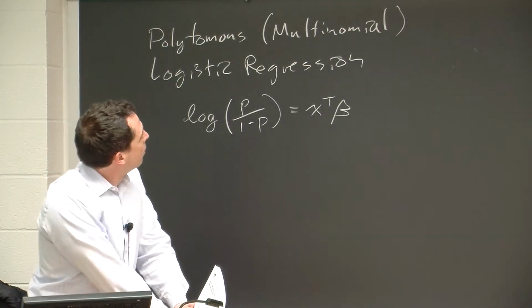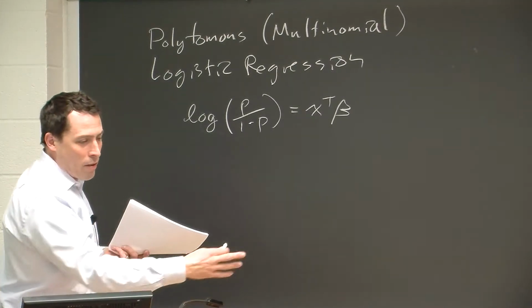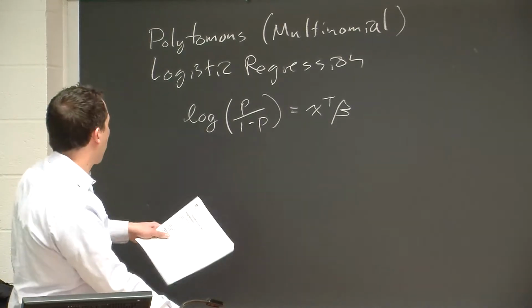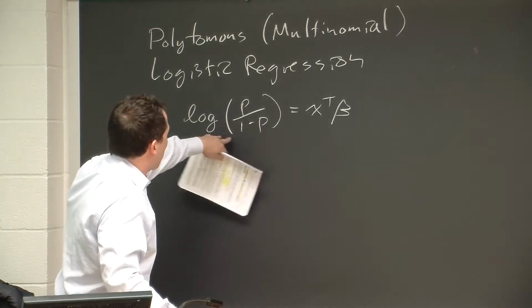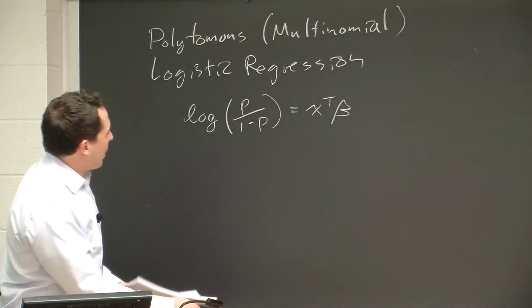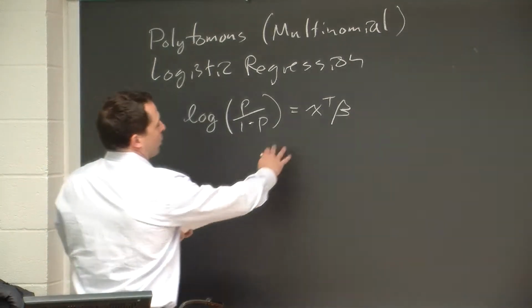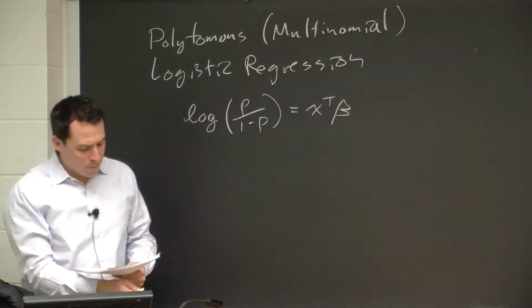For each row of the data set or each row of the table, we have a probability. We have a binomial distribution, and that binomial distribution has linear parameters.